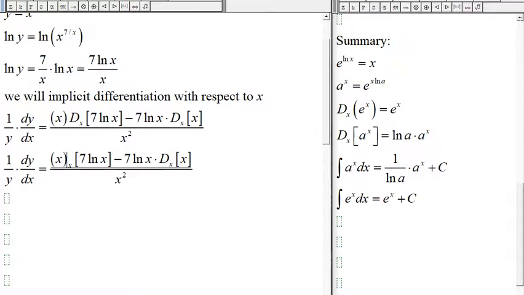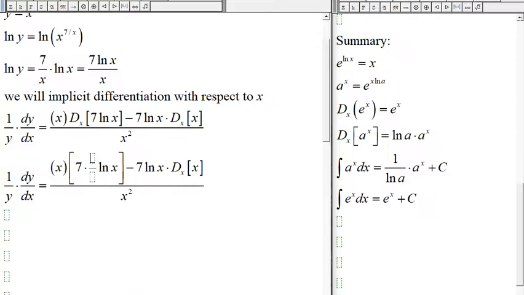And then right here, the derivative of 7 times ln x would be just 7 times 1 over x. Here the derivative of ln x is 1 over x. And then the derivative of x right here is just 1.